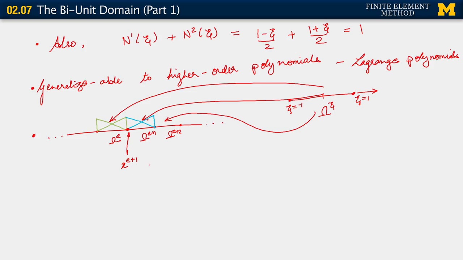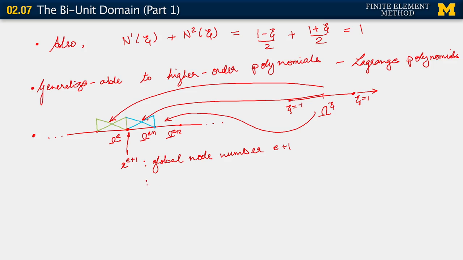So I may look at xe plus 1 as a global node. Okay, and in fact, it has global node number e plus 1. If you were to look at that same nodal point in the context of element E, you would call it local node number 2 for element E.